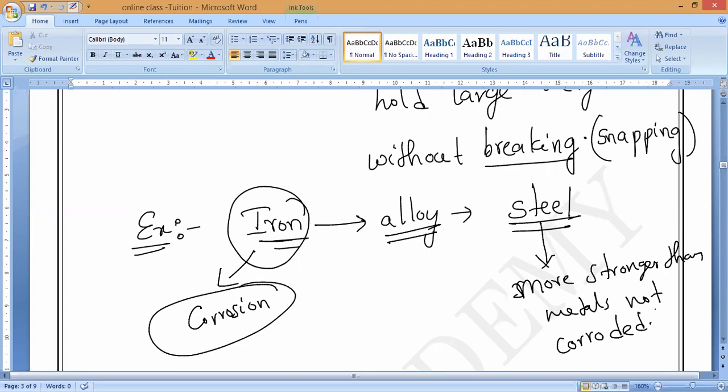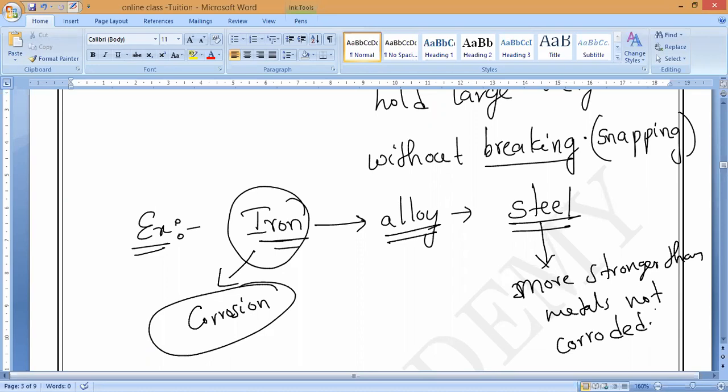So that is why we use iron in the form of steel, which is very, very strong. Due to this, iron is used in the construction of bridges, buildings, rail lines, girders, machines, vehicles, chains, etc.